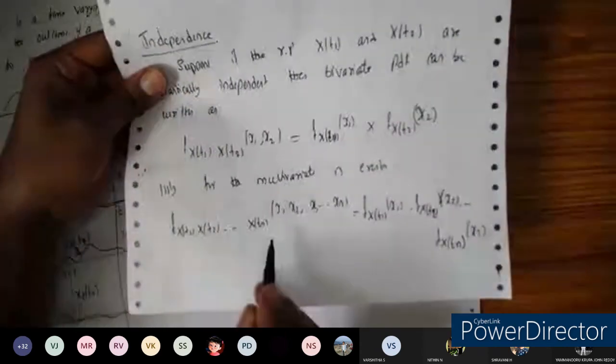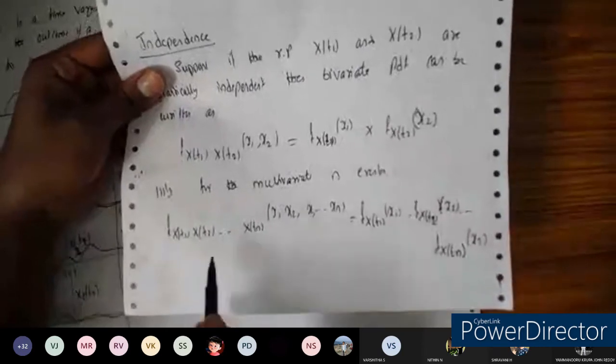Now I'm going to consider the bivariate random process. Two random processes: one is x as a function of t, the other is y as a function of t. For this, let us define the statistical independence.